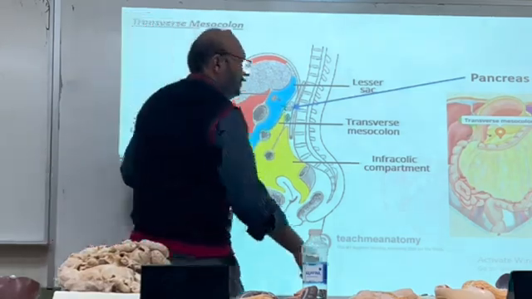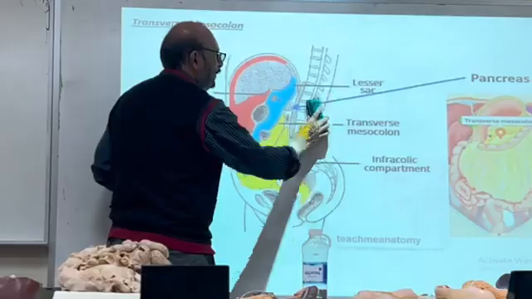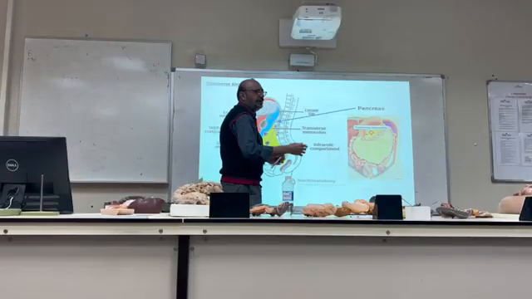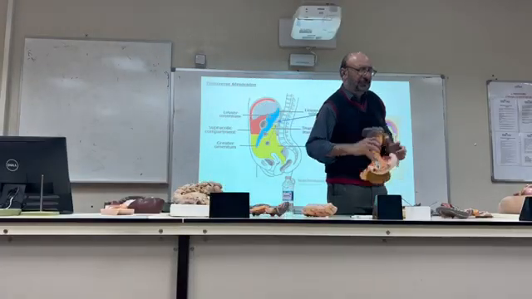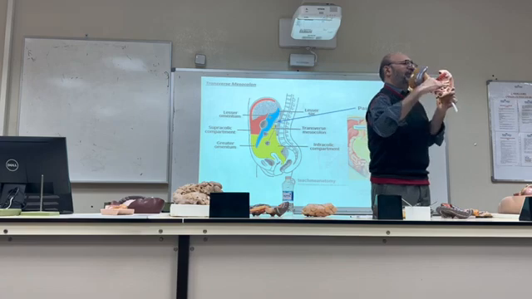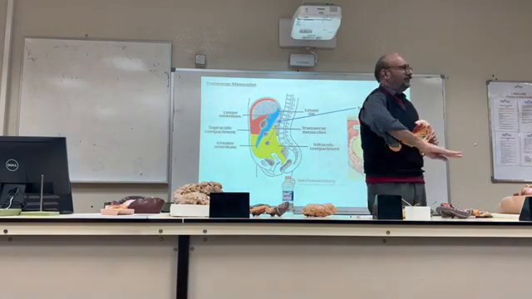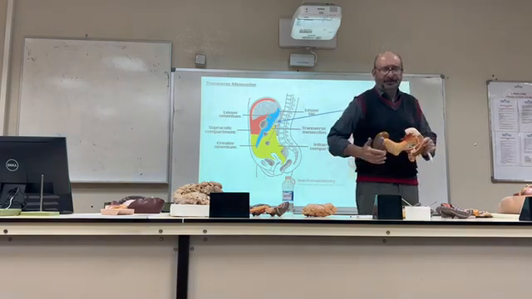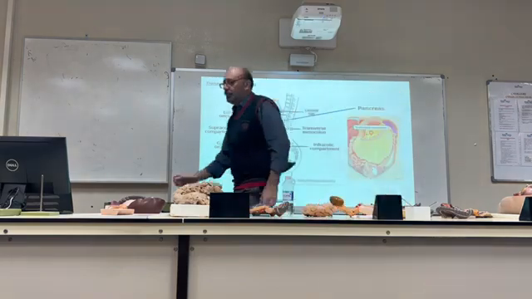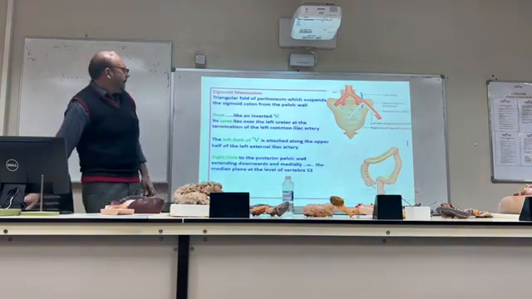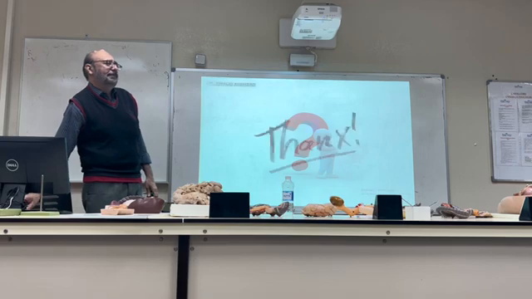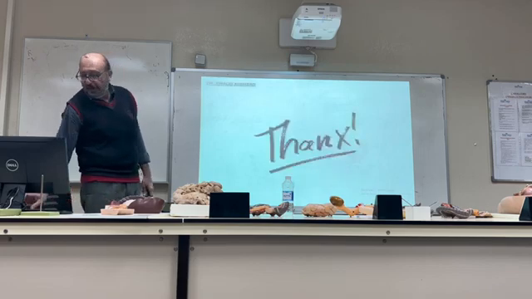This is how we have the transverse mesocolon. Attached where? To the head of the pancreas and the body of the pancreas, like this. Understand it? Finished. If you still have any questions?